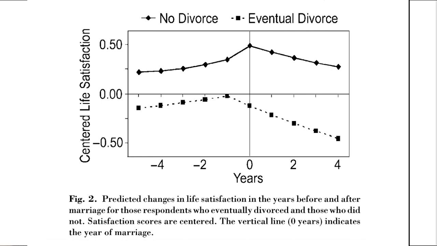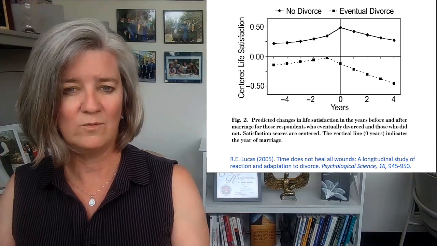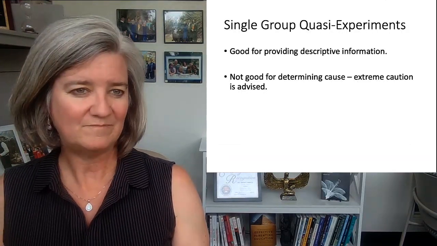When we look at what happens to them, their happiness does seem to increase until the year before the wedding. But as soon as they got married, happiness starts to decline. It's lower than it was even before the graph started, and then it just keeps going down to a point that's quite a lot lower than it was to start with.